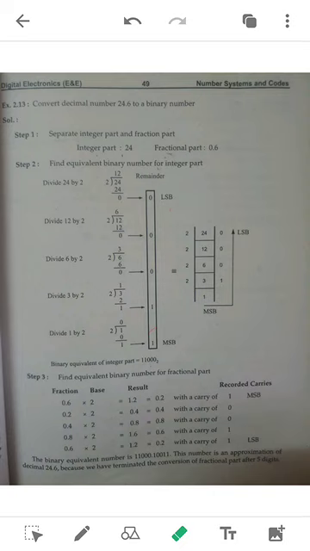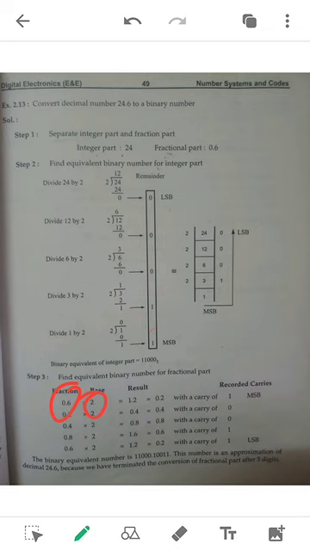Second step, for the fractional part, already I have explained the step. To convert the fractional decimal, what we have to do? We have to multiply by 2. So that multiplication step you can see here. The fraction is 0.6. You have to multiply by 2.